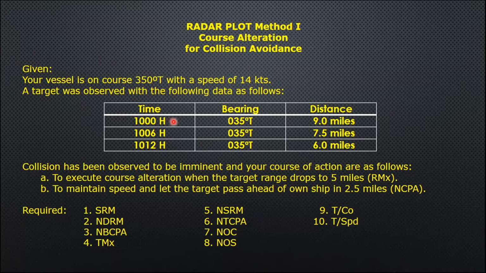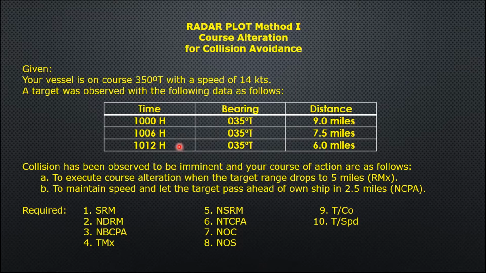First observed position time is at 1000 hours, bearing 035 degrees true, having a distance of 9.0 miles. Second observed position time is at 10:06 hours with the same bearing of 035 degrees true and a distance of 7.5 miles.